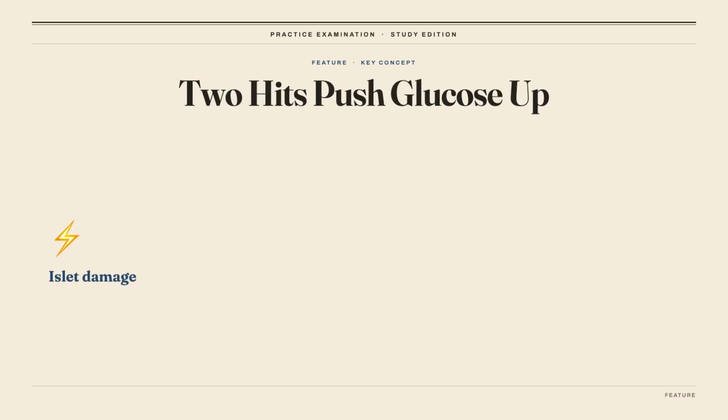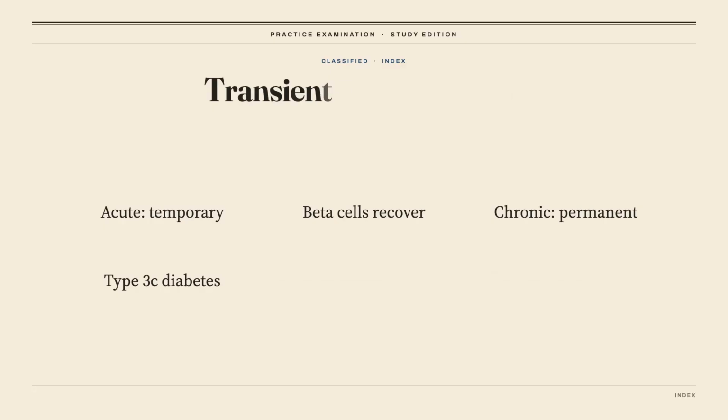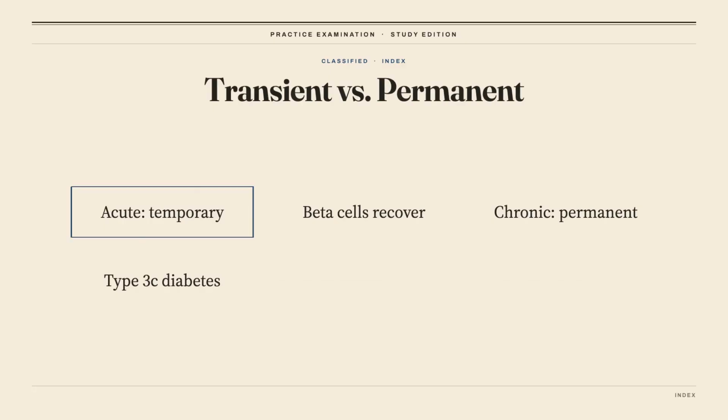Inflammation from autodigestion damages beta cells, the most abundant islet type, cutting insulin exactly when it's needed most. At the same time, pain and systemic stress release catecholamines, cortisol, and glucagon, so the patient is hit from both directions at once. In acute pancreatitis, this hyperglycemia is usually temporary. Beta cells recover once inflammation resolves.